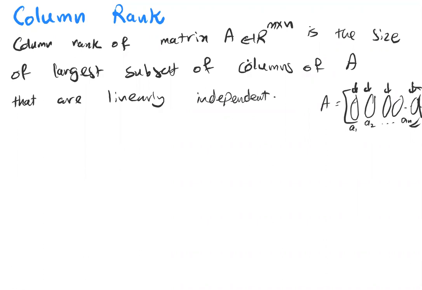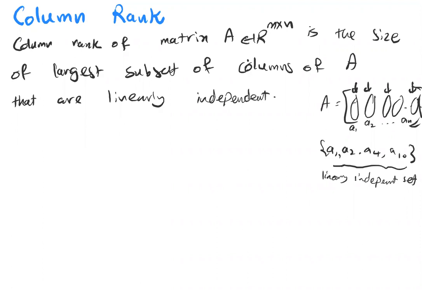Now we want to see, let's say, A1, A2, A4, A10. If this is the maximum number of columns in matrix A that creates a linearly independent set, then the column rank for matrix A is going to be 4.